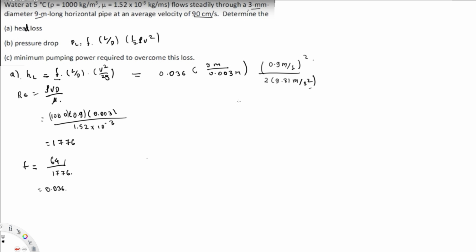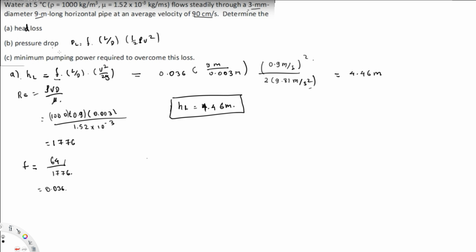So those are the values we have. If I go further and calculate this one, it comes out to be 4.46 meter. Therefore head loss is equal to 4.46 meter. That's the answer for the first question.